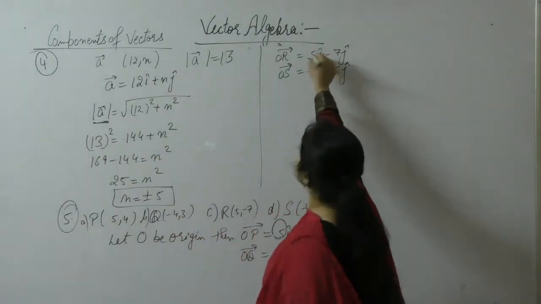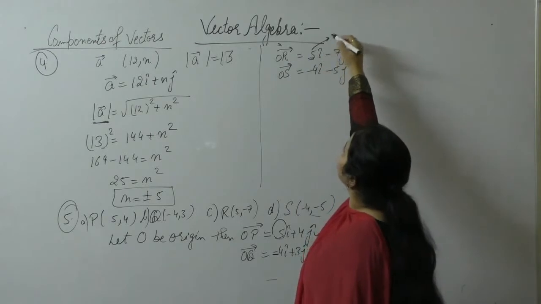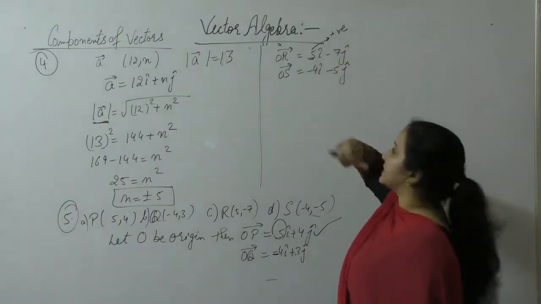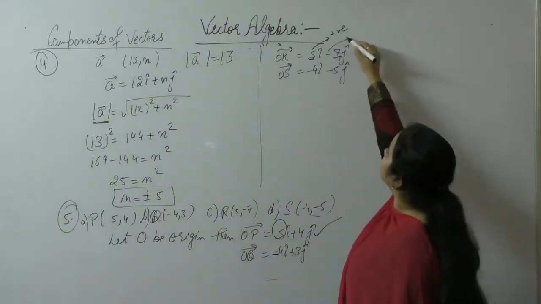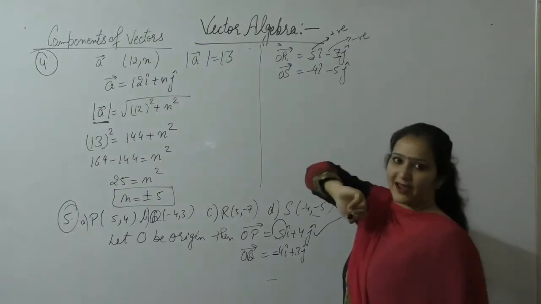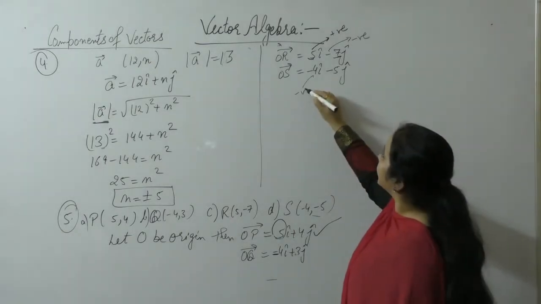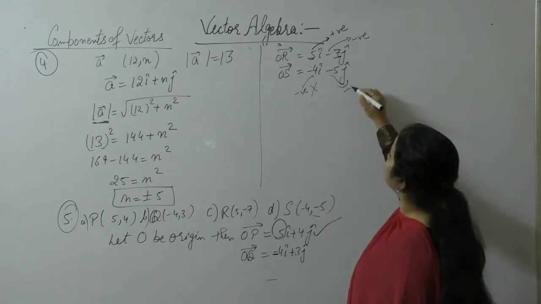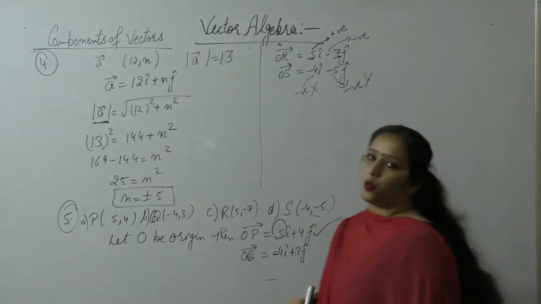Similarly, the vector has magnitude 5 in the positive direction of the x-axis, magnitude 7 in the negative direction of the y-axis. This is the negative direction of the x-axis and the negative direction of the y-axis.